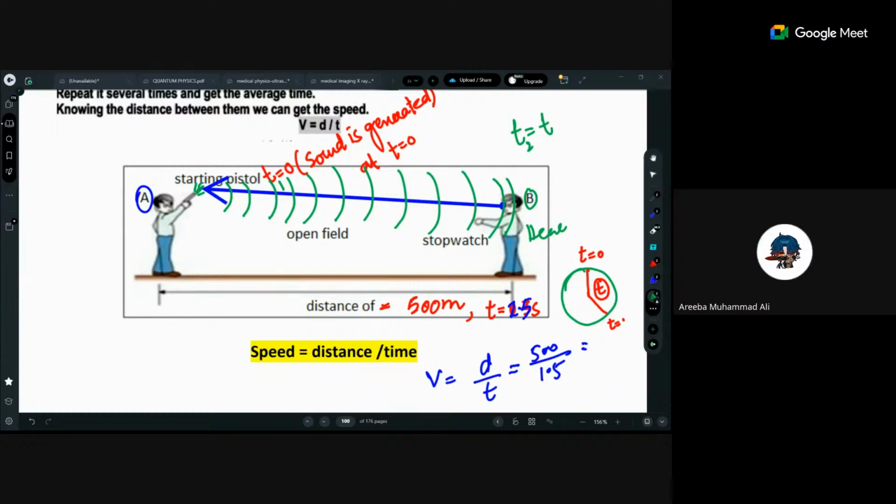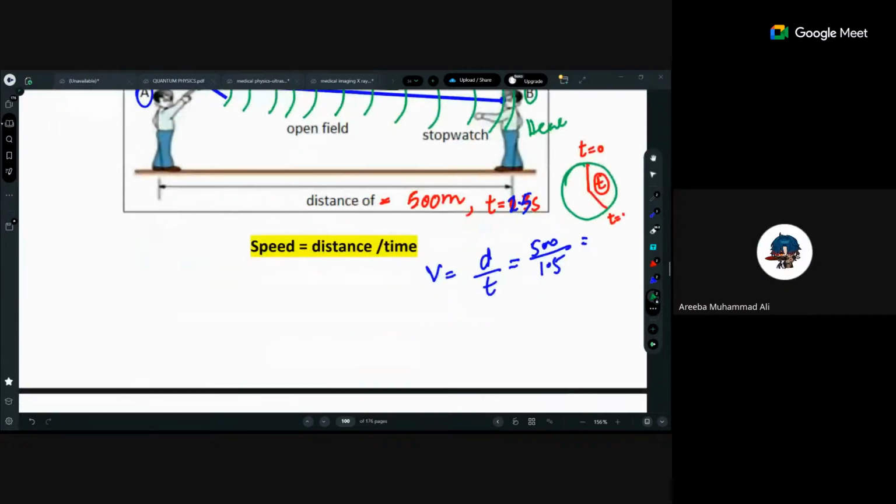Yes, sir, I do. 500 divided by 1.5. That's 333.33. I just put this at a trial that if there is 500, it almost has to take 1.5 seconds.